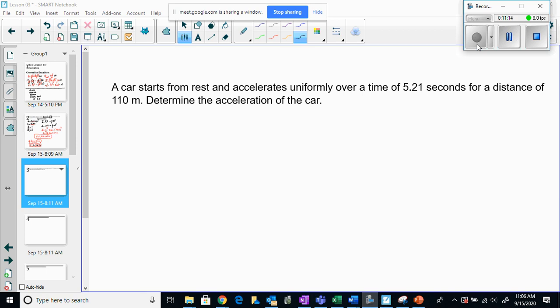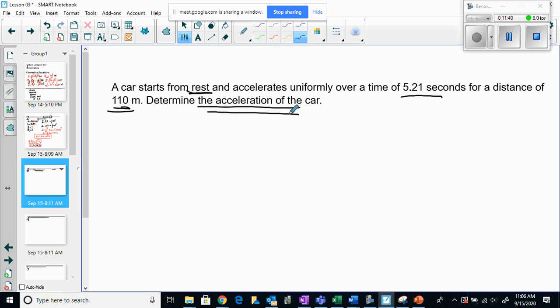So let's take a look at this question here. A car starts from rest and accelerates uniformly over a time of 5.21 seconds for a distance of 110 meters. Well, let's start by sorting what is given and what they are asking for, because they're asking for the acceleration.